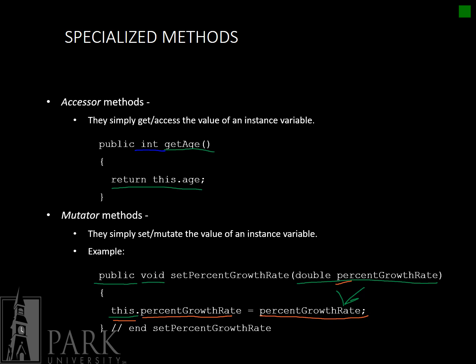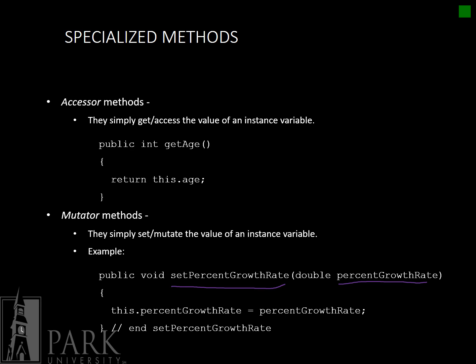This right here, this percent growth rate, is a local variable. If you didn't have this, it would just say, okay, you're setting me equal to myself, and it would do it happily. If percent growth rate is 10, well, percent growth rate is now 10. So this keyword is what allows you to use the same variable name, because this one is a local variable, local to the setPercentGrowthRate method, and it gets stored in the object's percent growth rate. I want to be clear on that because some people get confused.